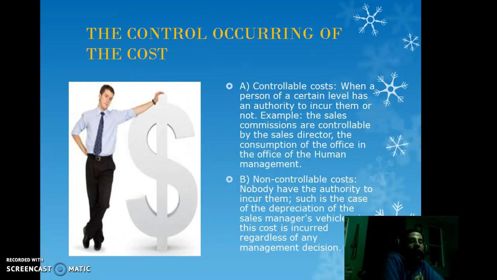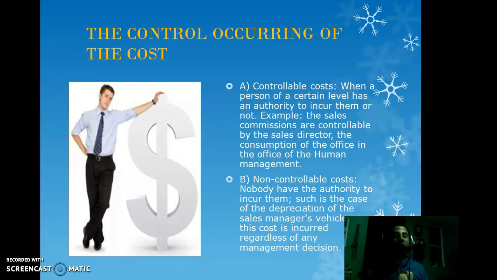Now the control over the occurrence of the costs is divided into two items. The first one, controllable costs, when a person of a certain level has the authority to control a specific cost. For example, the sales commissions, because a boss has this control.